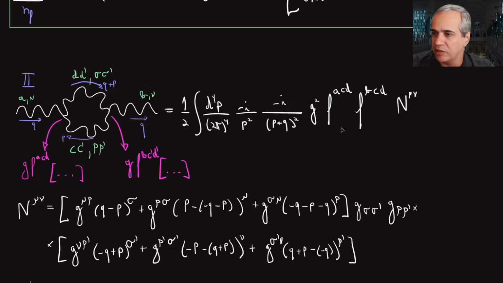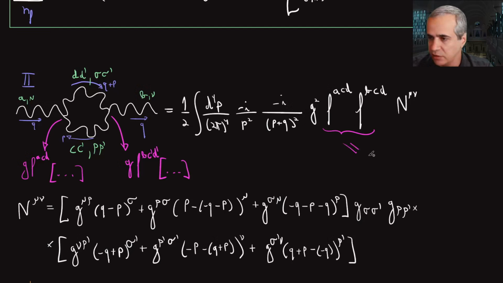What is new here is this f^{ACD} f^{BCD}. This we have seen is dictated by the normalization for my representation, but these are automatically in the adjoint representation. This is the same as a product of two generators in the adjoint representation, and we have seen this before.